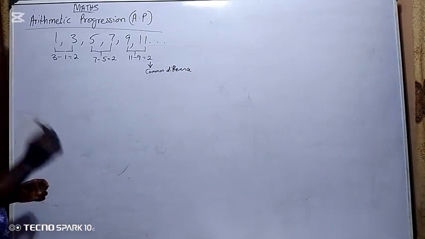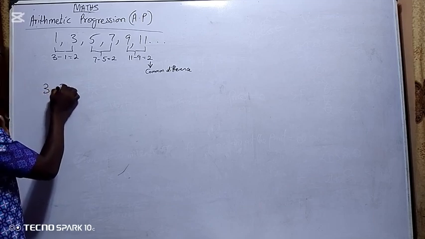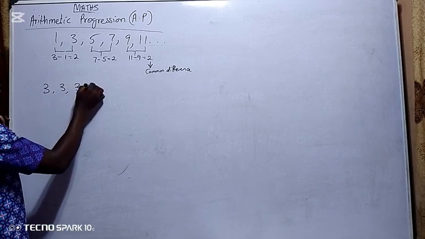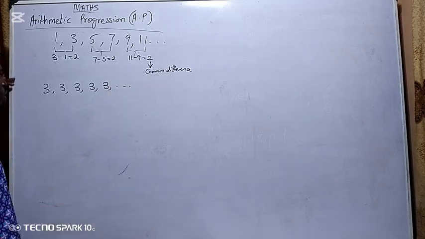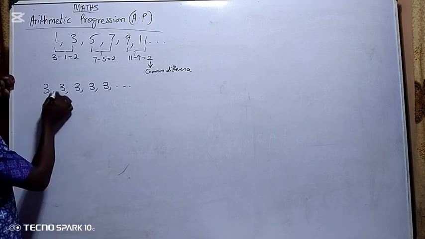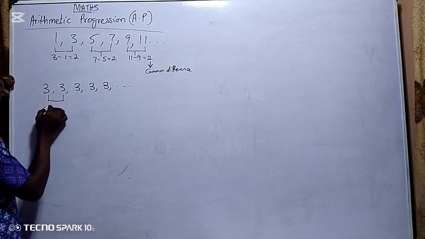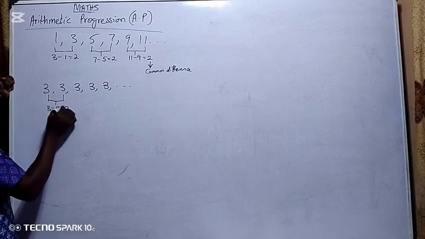Let's look at another example. If I have 3, 3, 3, 3, 3, this is also an arithmetic progression because I have a common difference. If I subtract 3 from 3, we have 3 minus 3 equals 0.